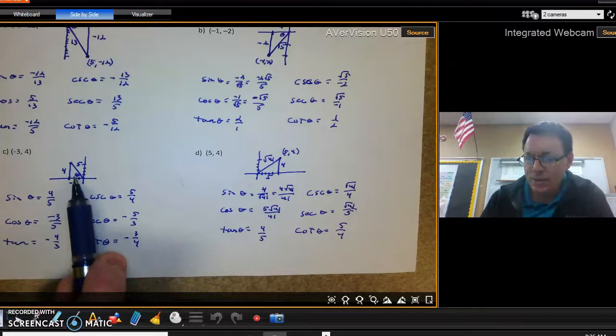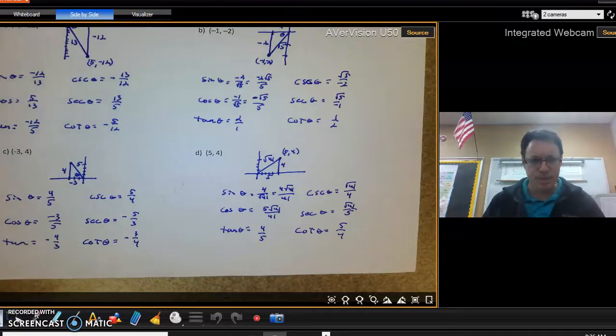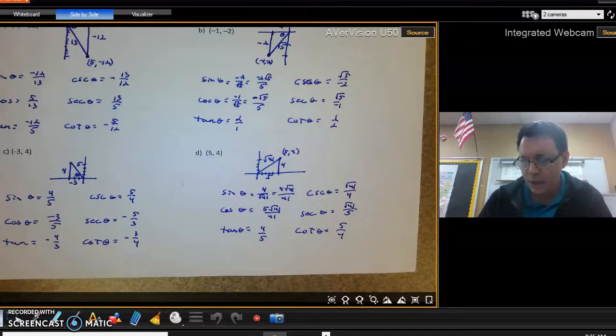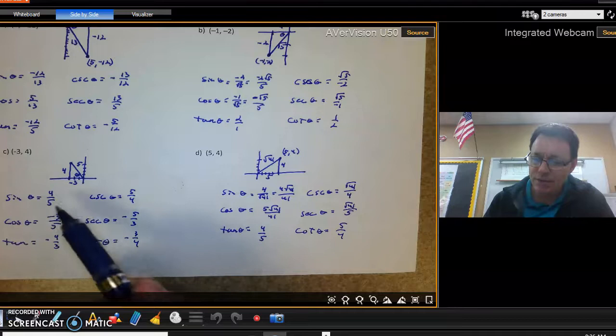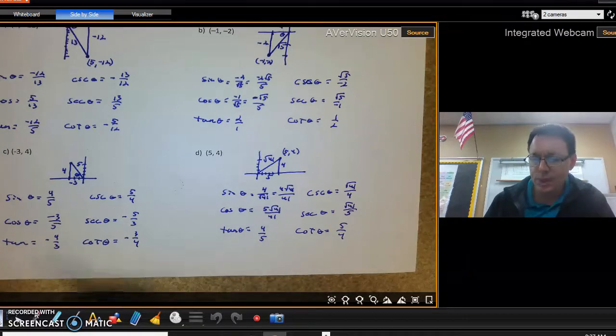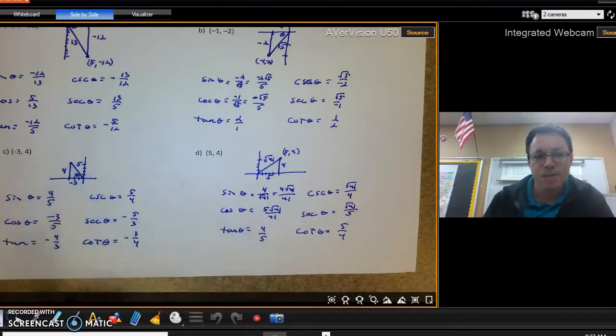Again, my angle is between the terminal side of the angle and the x-axis, and then I can relate my opposite, adjacent, and so on to write my functions. So here are my functions. Notice that the sine is positive, while the cosine and the tangent should both be negative. That's because the cosine and the tangent involve that adjacent side, which was negative, but the sine doesn't. The sine is just the y and the hypotenuse, and both of those are positive, so the sine is positive.